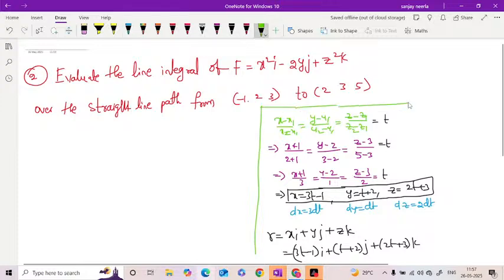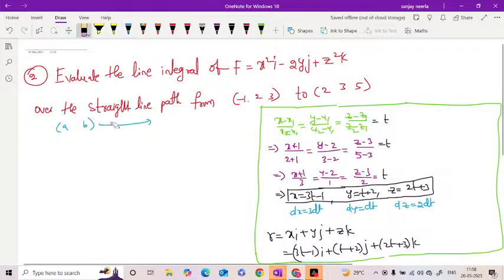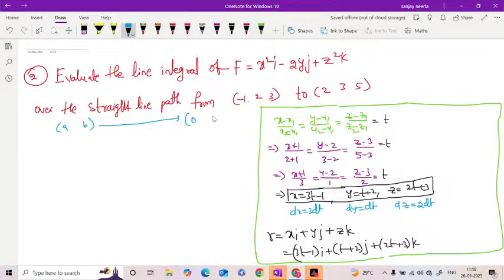Is there any second way, any alternate approach? Suppose we have an interval like this, a to b. This interval we can take as 0 to 1. So 0 to 1 means the straight line is a into 1 minus t plus bt.